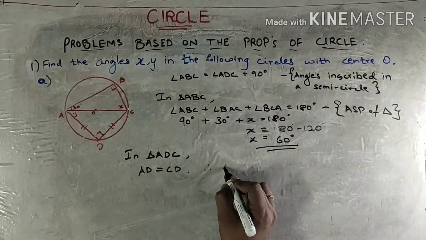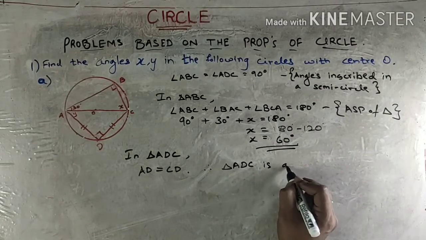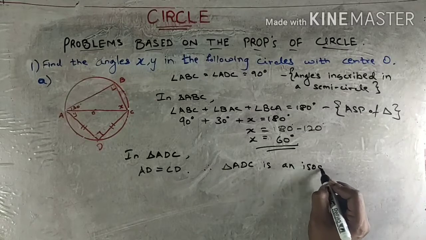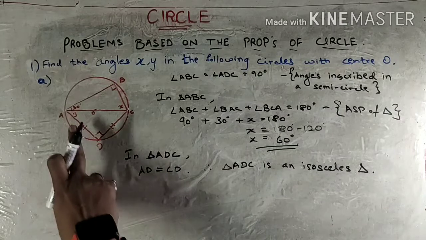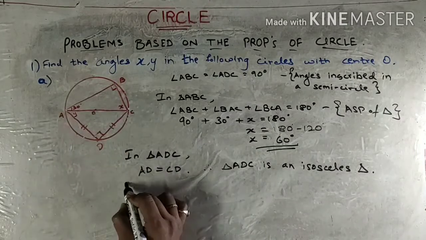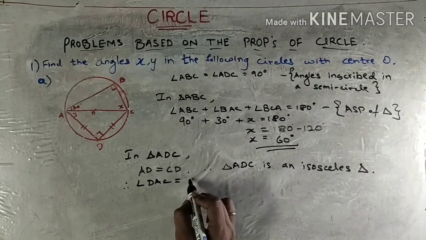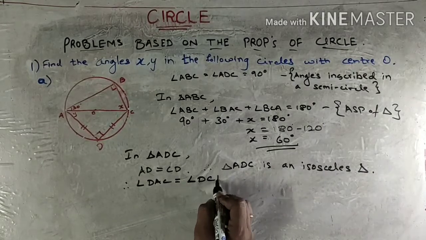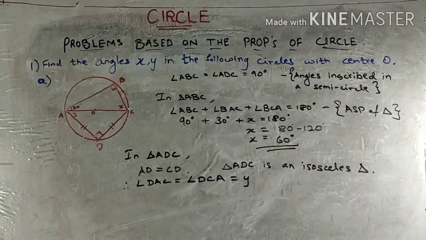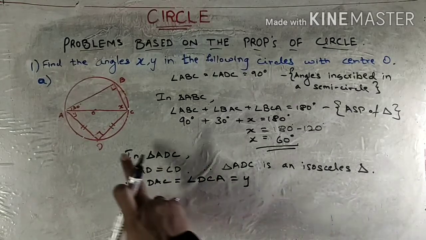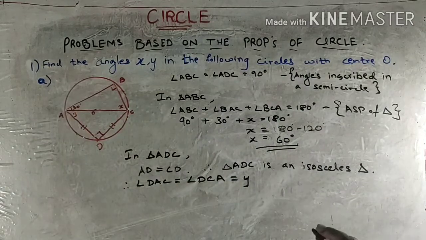Therefore, triangle ADC is an isosceles triangle. That means the angle DAC will be equal to angle DCA, one of which is given as Y. Okay, so angle DAC is equal to angle DCA, that is Y.